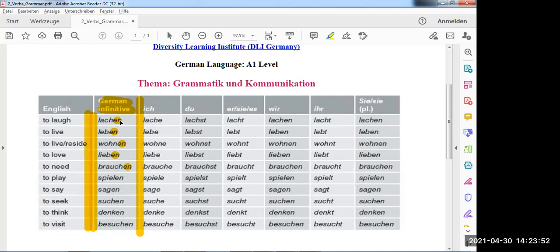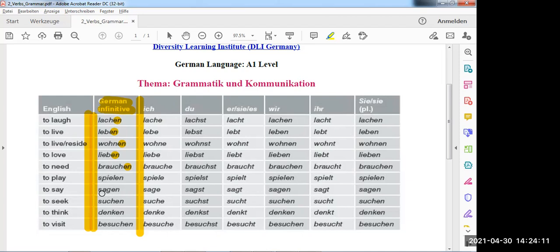Number 1, lachen. Number 2, to live, leben. Number 3, also to live or reside, wohnen. To love, lieben. To need, brauchen. To play, spielen. To say, sagen.